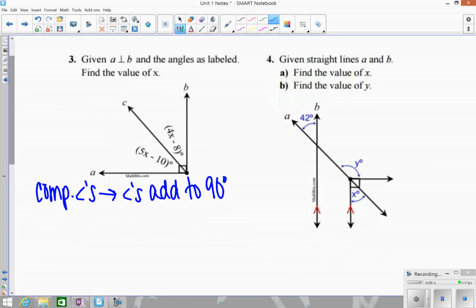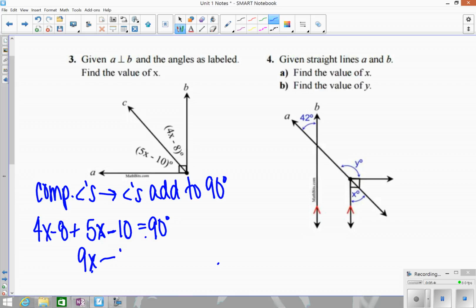So then we can go ahead and set our equation up. It's going to be 4x minus 8 plus 5x minus 10 equals 90. So combine like terms first. 4x plus 5x is going to be 9x. And then minus 8 minus 10 will be minus 18 equals 90.